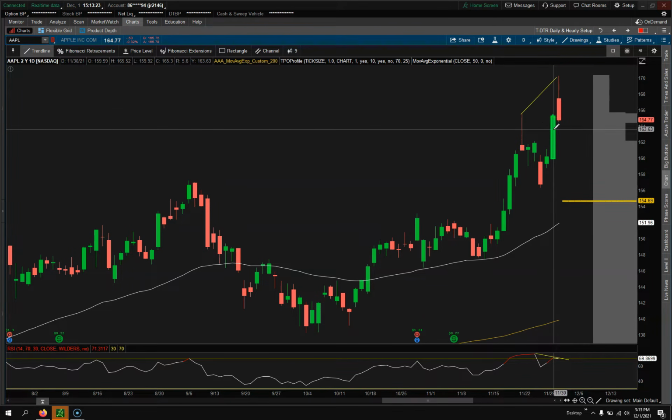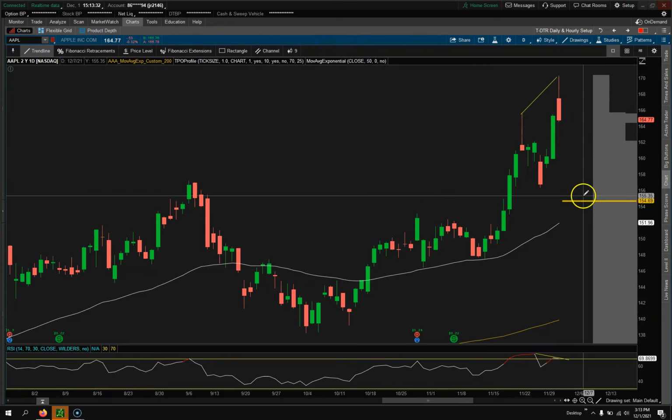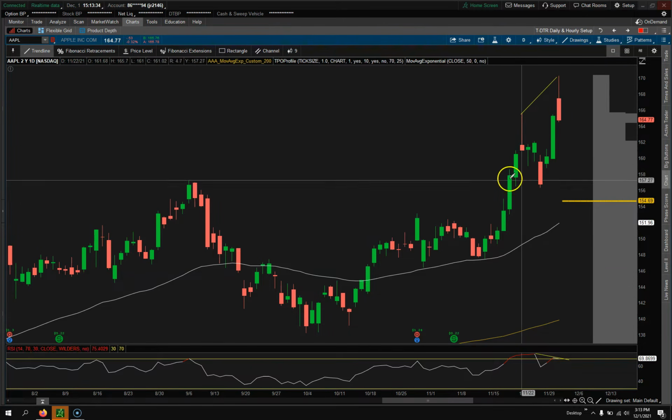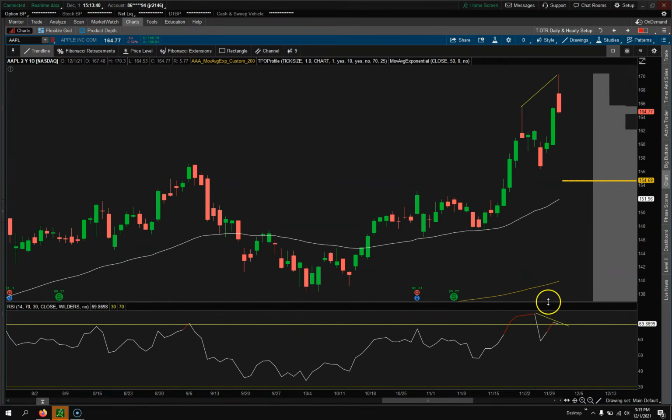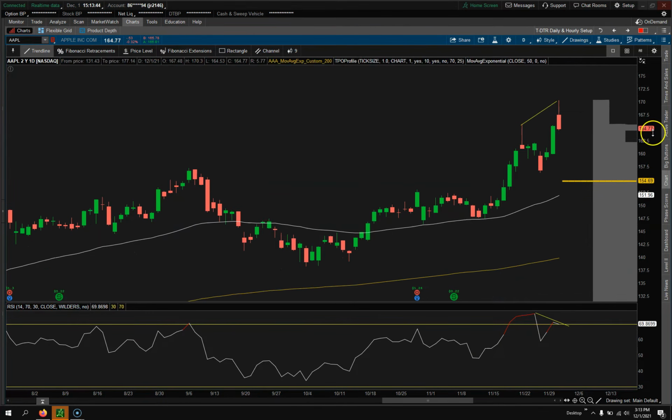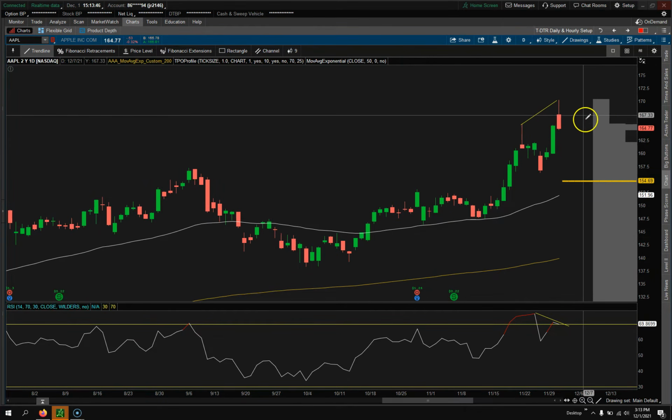It's one of those things where, yeah, it sucks if you took the trade the first time, but if you take it again, more than likely it'll work, and more than likely you'll make up what you lost the first time, especially with the divergence going on. So just something to be aware of. Don't be afraid of them.